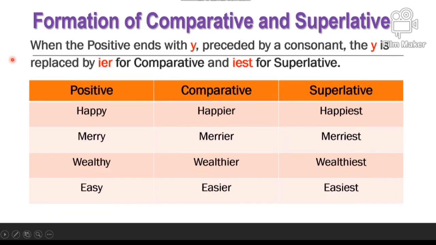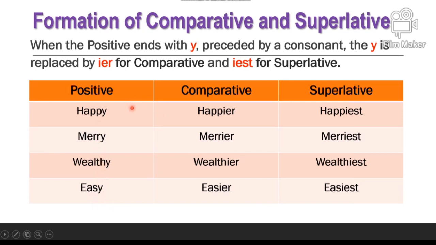Next rule, when the positive ends with y preceded by a consonant, the y is replaced by ier for comparative and iest for superlative. See the examples. Here the last letter is y, but before that consonants have come: p, r, h and s.